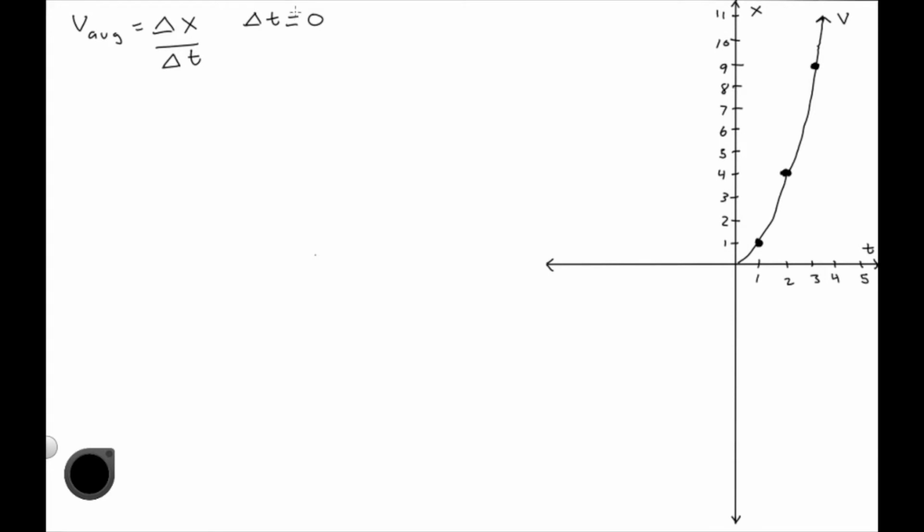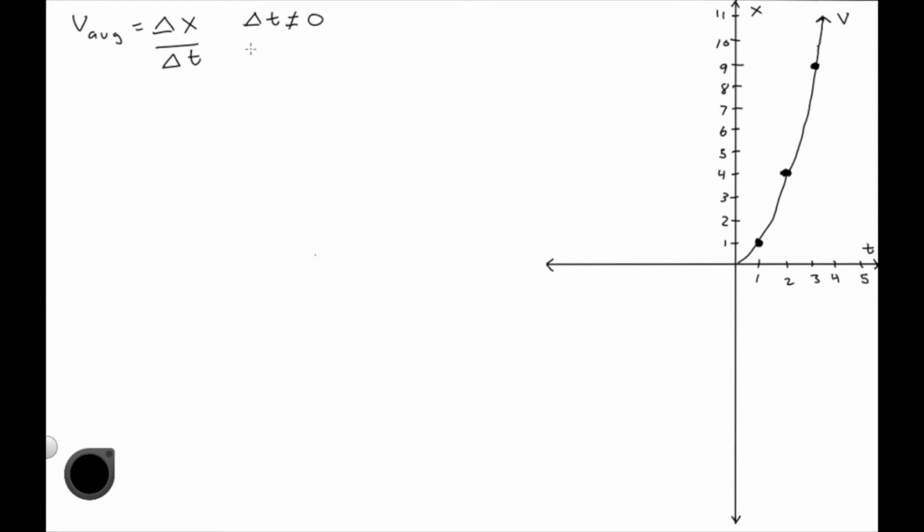So we actually don't want delta t to equal zero. And so we want a segment of time as small as possible, but not so small that it's actually zero or non-existent at all. So let's look at this concept using the graph to the right.